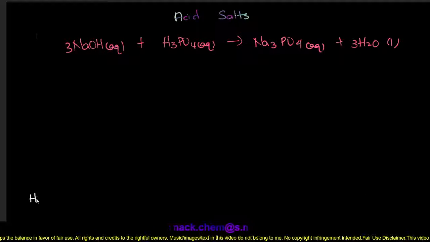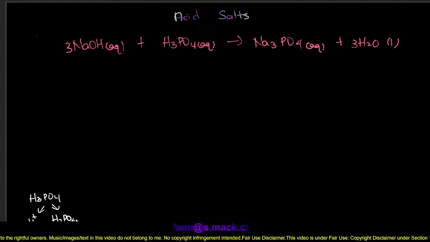I'm going to break it down. So I have H3PO4. If I take out one hydrogen ion, the rest of the molecule left is H2PO4 minus. So this is one possible anion which can be found in an acid salt.